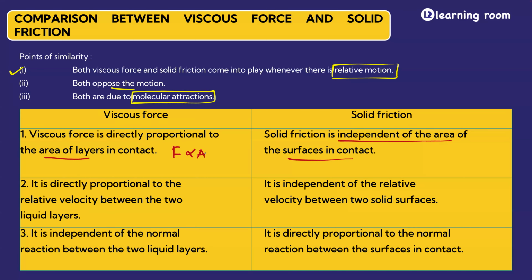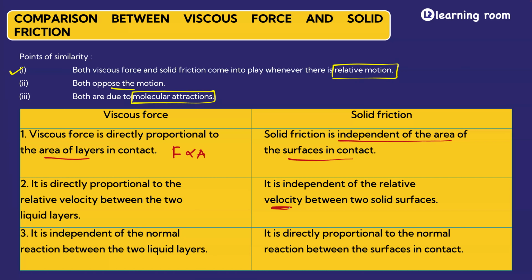Second, here it is directly proportional to the relative velocity between the two layers, if you are writing the velocity gradient. So the viscous force is dependent on the relative velocity between the two layers, whereas friction is independent of the relative velocity between the two solid surfaces.